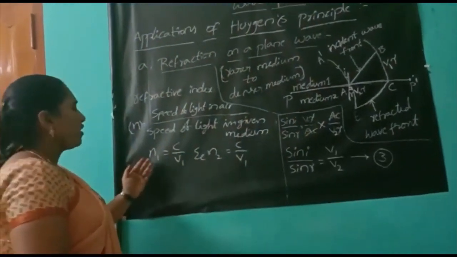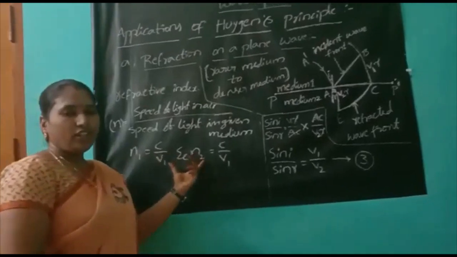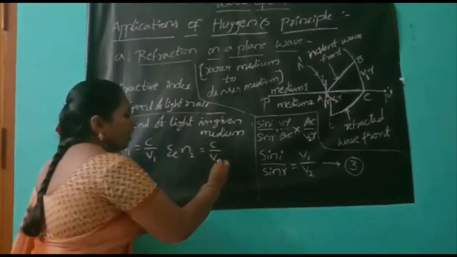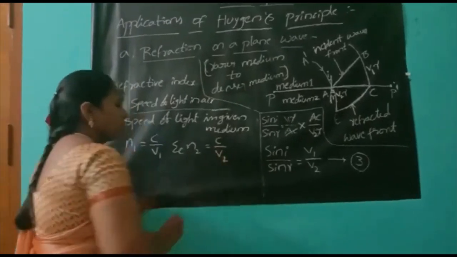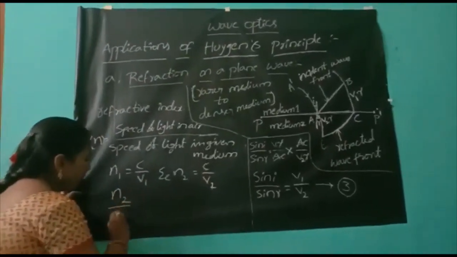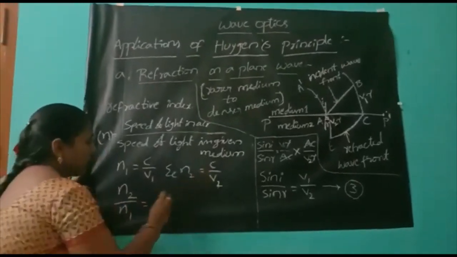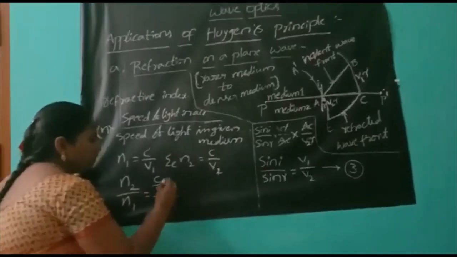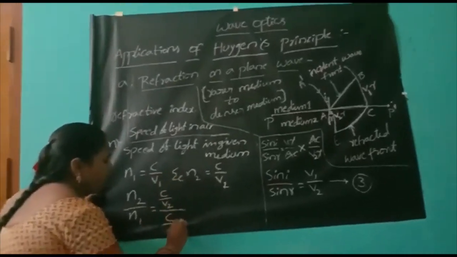In such case, from this expression, I got the V1 by V2 value. So N2 by N1 is equal to C by V2 by C by V1.